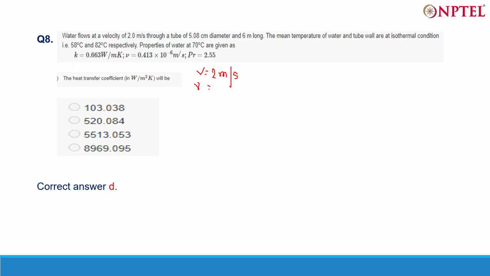Kinematic viscosity equal to 0.413 into 10 to the power minus 6. Okay, L is given 6 meter. T mean equal to 58.